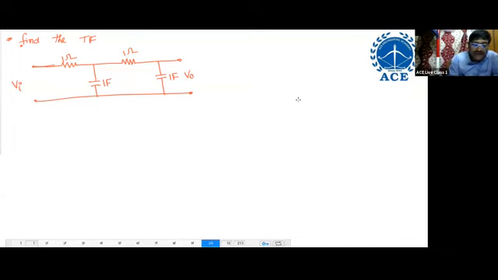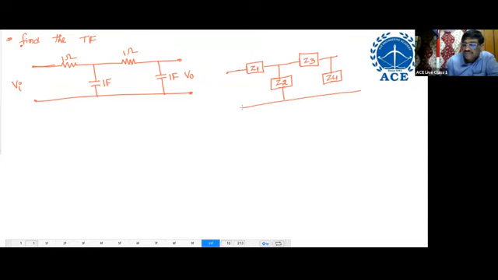Right. Find the transfer function. First apply the formula I told you last day. You remember Z1, Z2, Z3, Z4 in the given network. What is the transfer function I told?